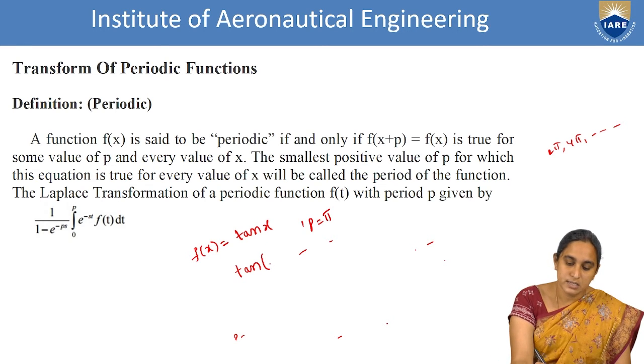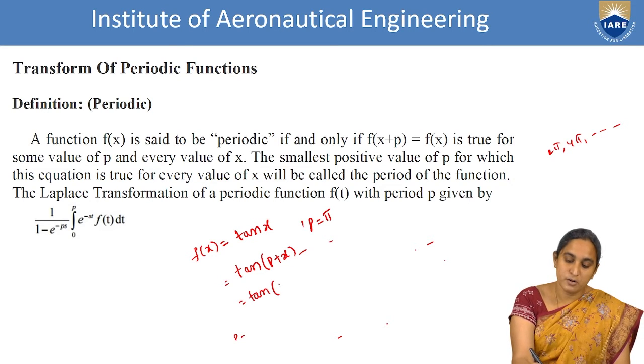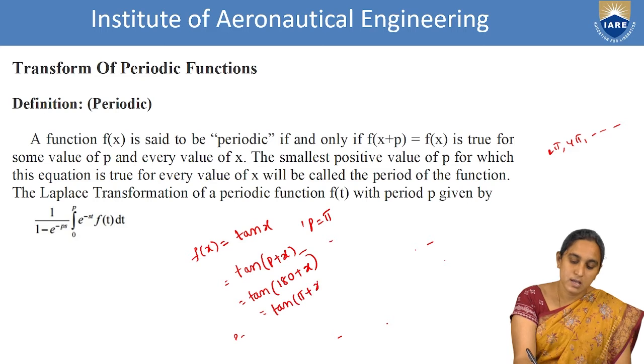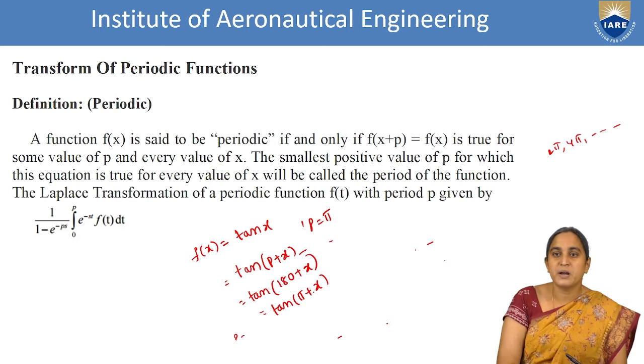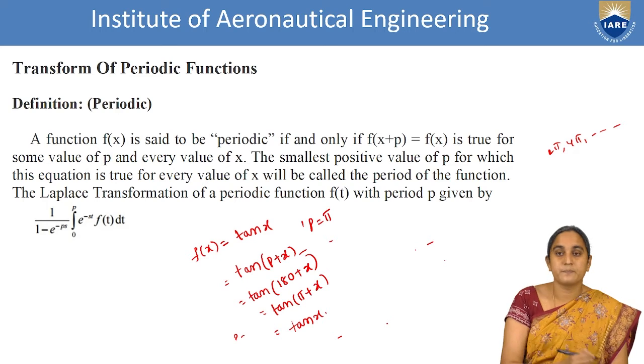I'll check that: p plus x, that is tan of pi plus x, which is tan of 180 degrees plus x. In that case, we got the same function, tan x.